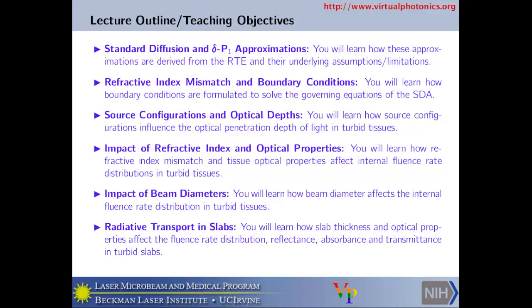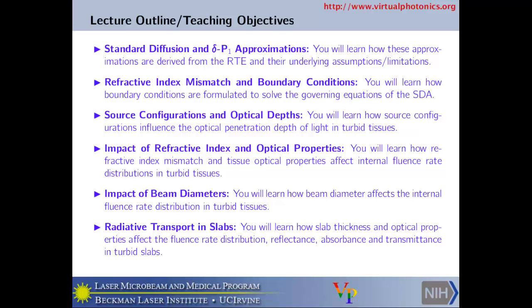And so we're going to start looking at how you can express these optical depths mathematically so that when we visualize these light fields that are predicted through these approximations, we can gain some understanding of how refractive index mismatch and optical properties affect these internal fluence rate distributions, how the fluence decays with depth, and how these properties affect your ability to get light in deeply into tissue. We'll talk about the effect of beam diameter, how that might affect your ability to get light in deeply into tissues.